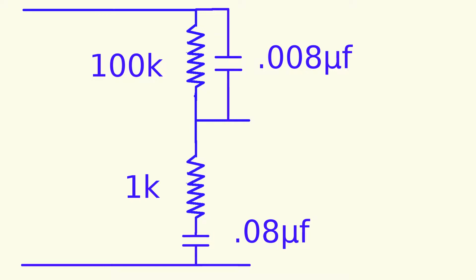Here are some usable values. Using a big resistor in parallel with the capacitor and a small resistor in series with the capacitor ensures that all the filters and divider act independently. This makes the analysis easy.